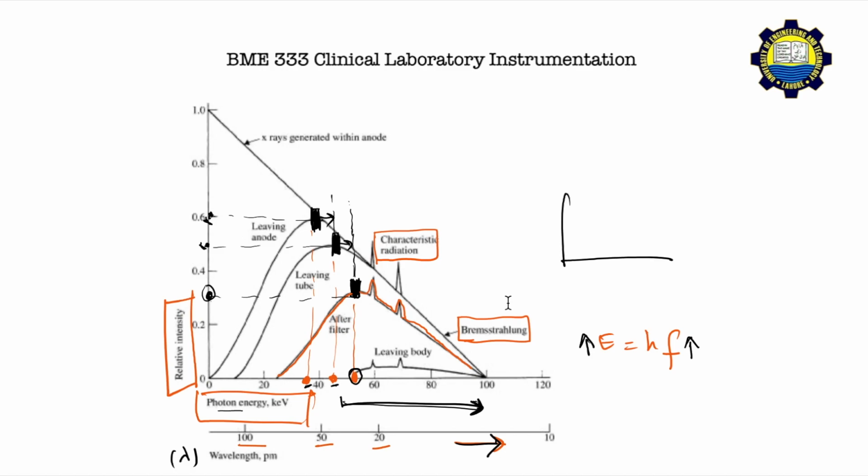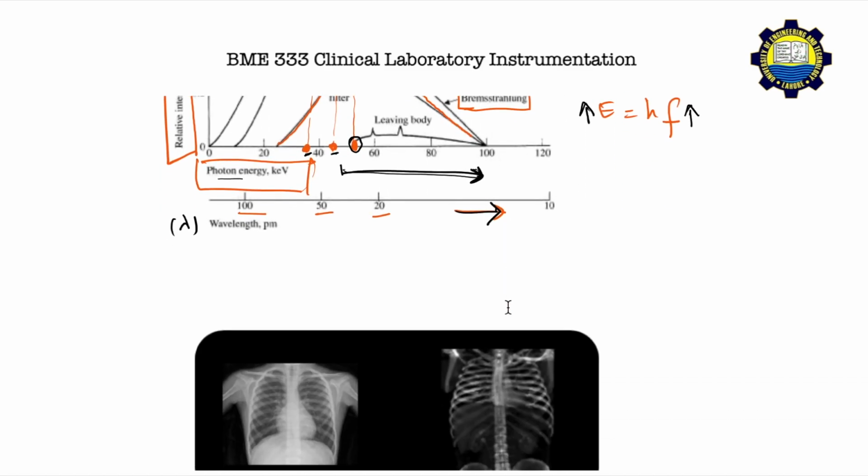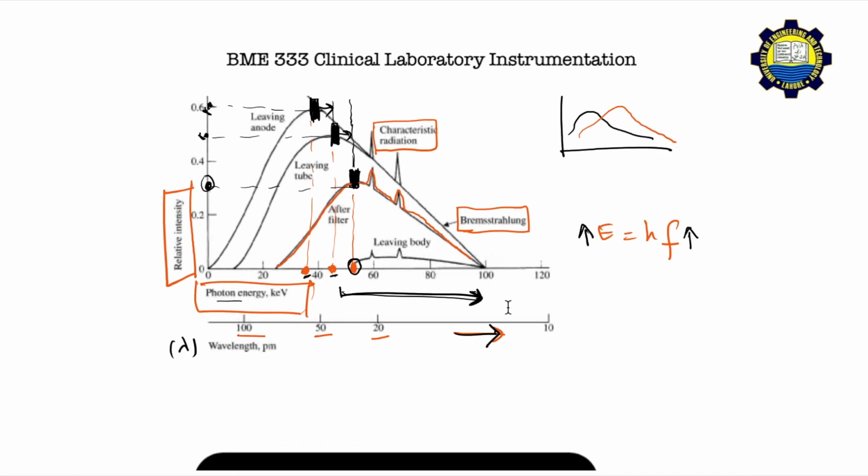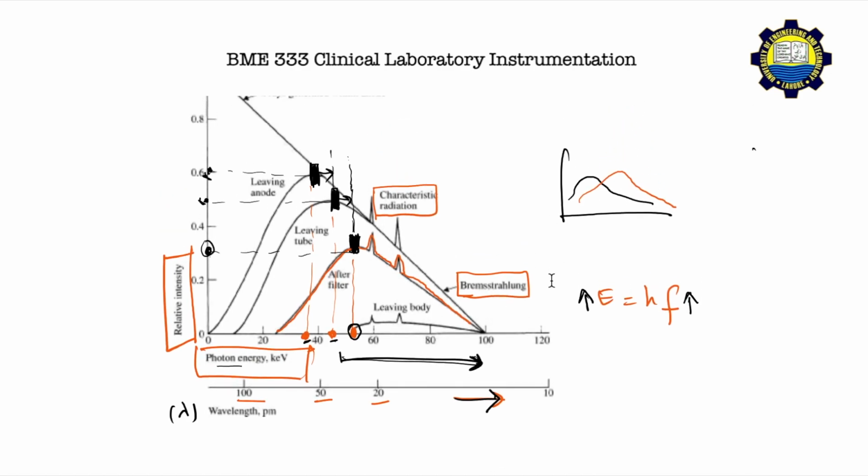For another metal, it could be something like this. So obviously it matters what is the material of the anode, and based on that, the energy profile of the extra photons is different. We'll move on to the next segment now.